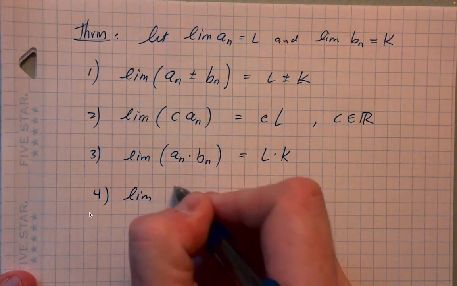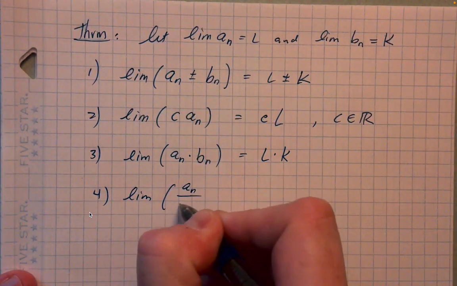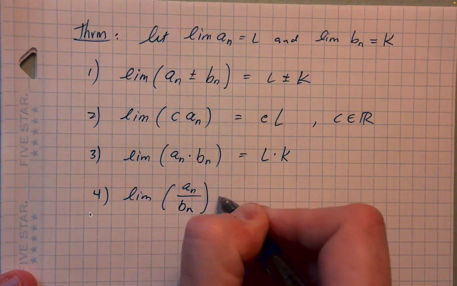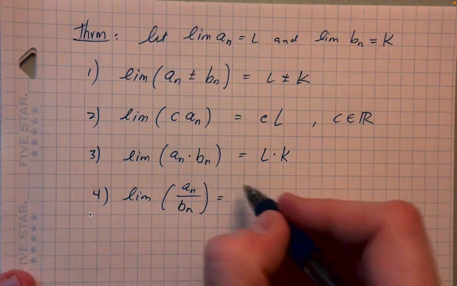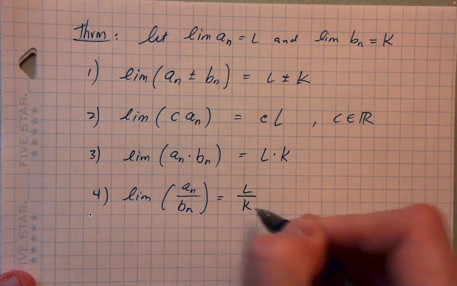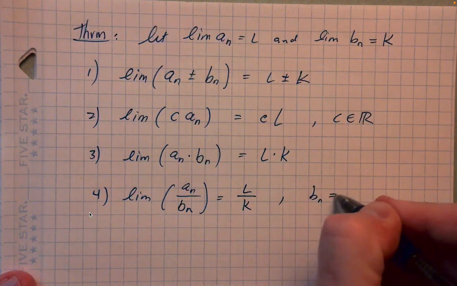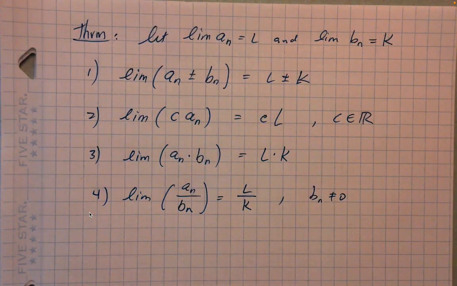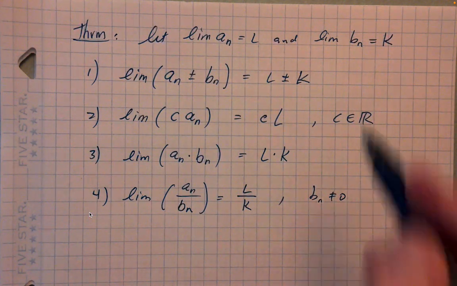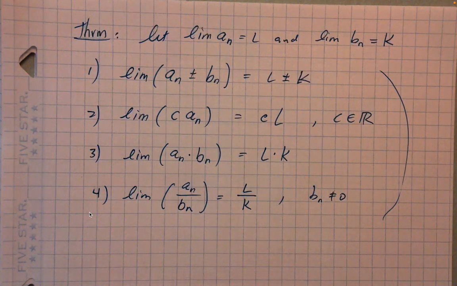The limit of a of n over b of n ought to be equal to L over k. Now the assumption here is that b of n is non-zero, right, for all the terms of the b sequence. But they don't get nicer than this, right? So all of the things that you would hope are true of sequences are true of sequences.